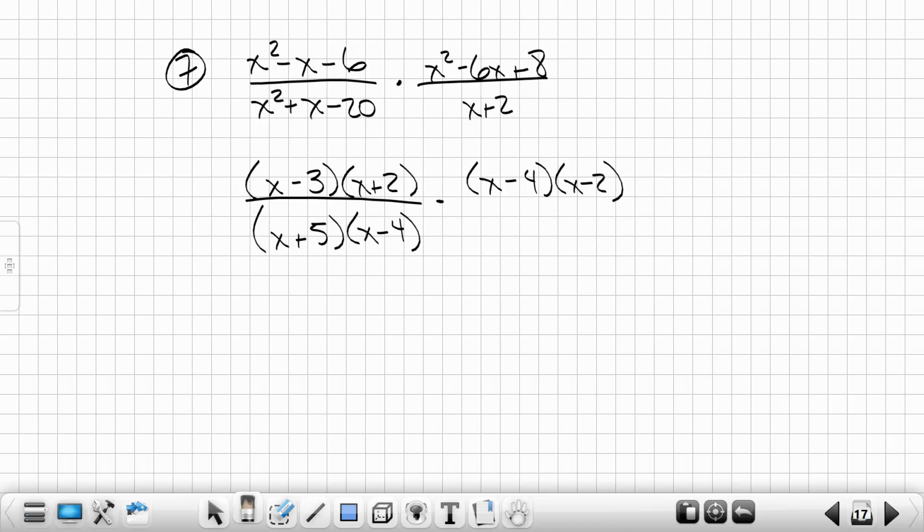They're both negative because they had to multiply to positive 8, which means either both negative or both positive. They had to add to negative 6. That made both negative. Okay. All right, guys. What cancels? Anything else? We're good.